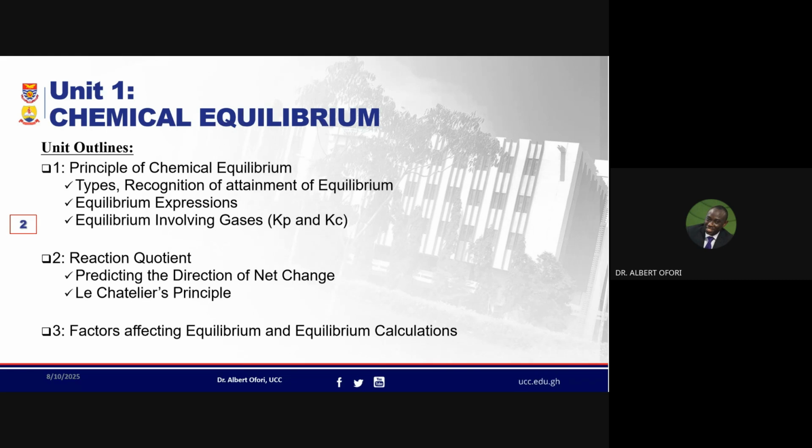Then we'll do a few calculations, where we'll look at the equilibrium constants in terms of concentration, and then in terms of pressure. We'll look at some factors that affect equilibrium, of which temperature and pressure are part. Then we'll look at the relationship between the two constants, in terms of pressure and concentration.